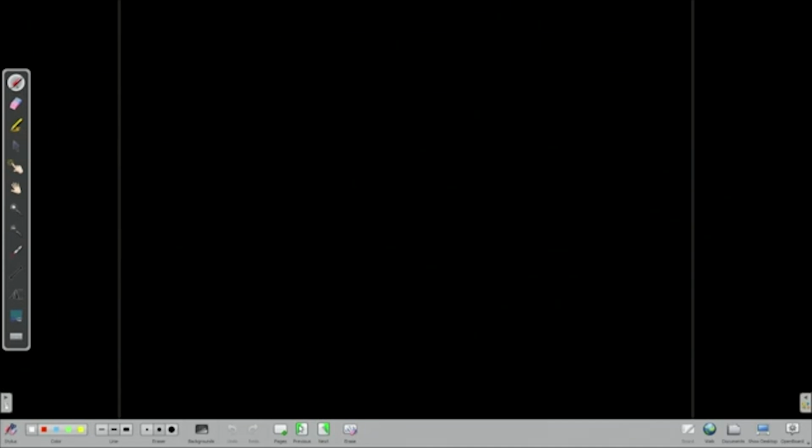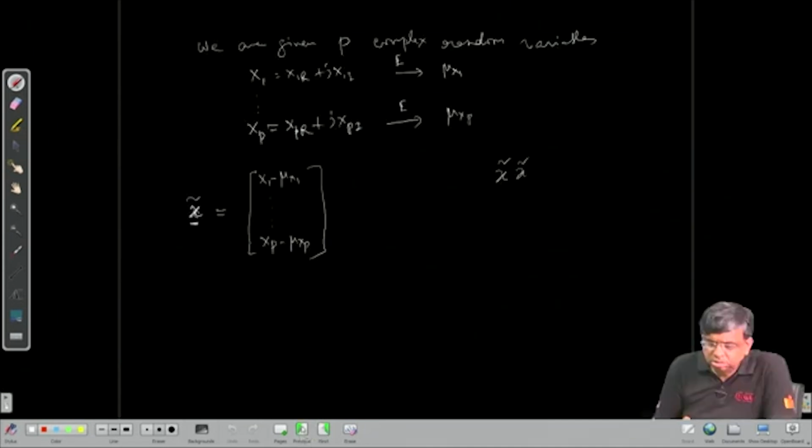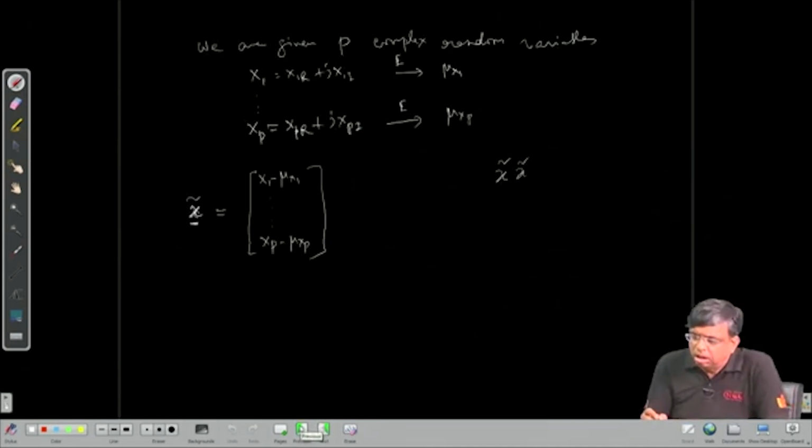So now I go to the previous page. I take this increment vector, which is a column vector n cross 1, and I take its Hermitian. So if it is n cross 1, this will be 1 cross n. So column vector, row vector, and everybody after transposition, everybody will have to be conjugated.